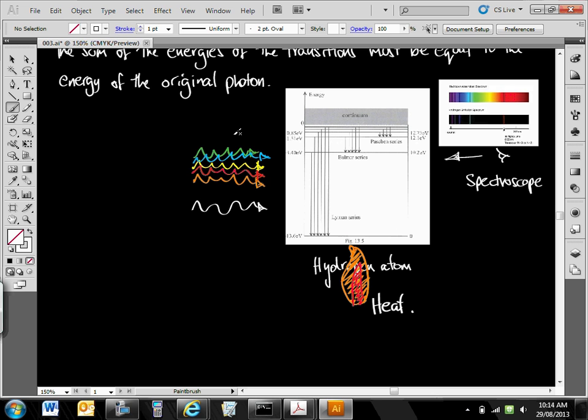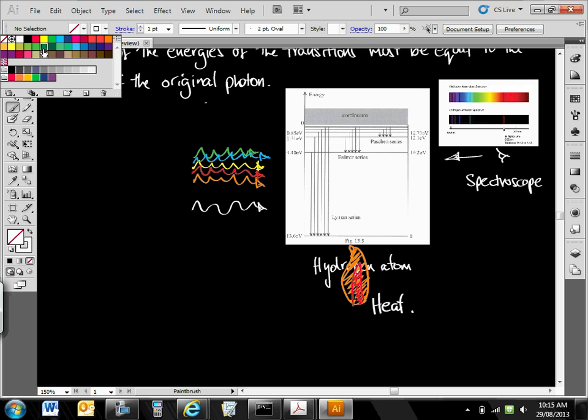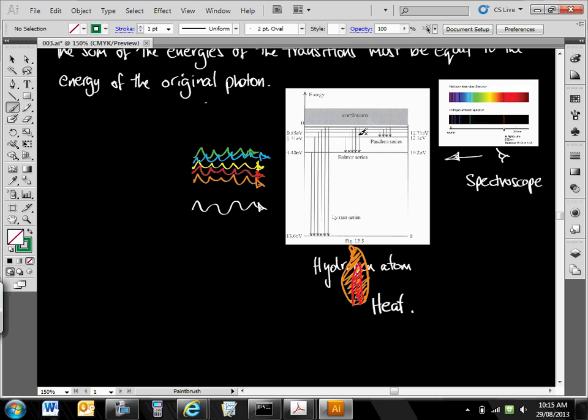Okay? So this atom is super hot. We shine white light through it. We look at it through a spectroscope, and we see that these dark lines are scattered. Because of these absorptions, we have scattering of these colours, and the dark lines appear.